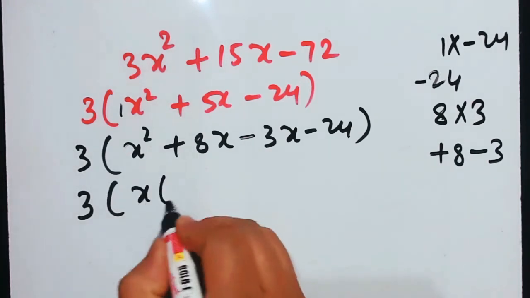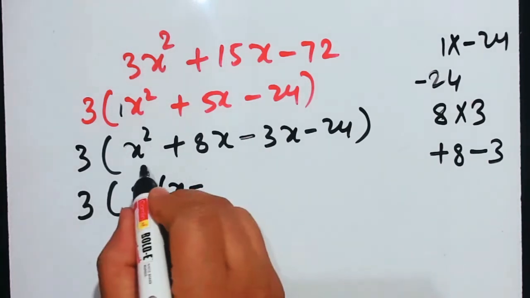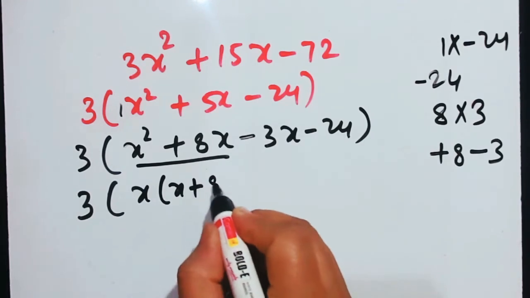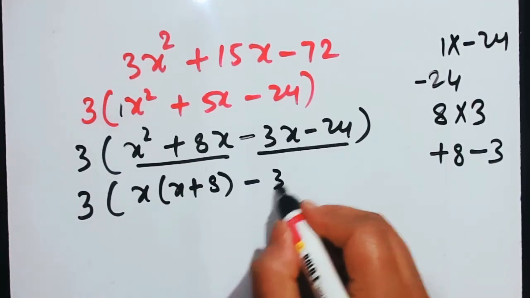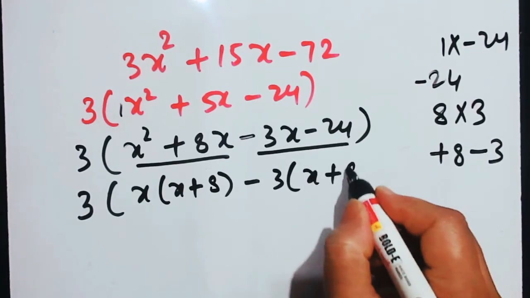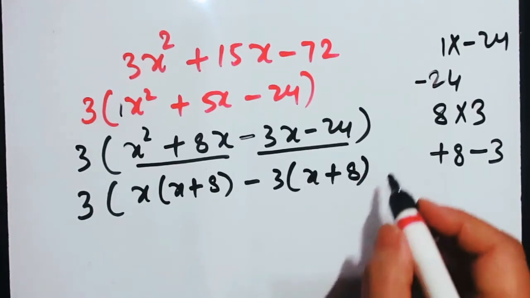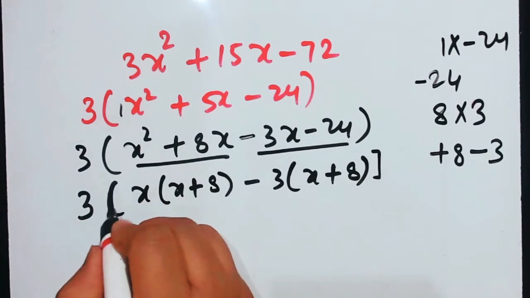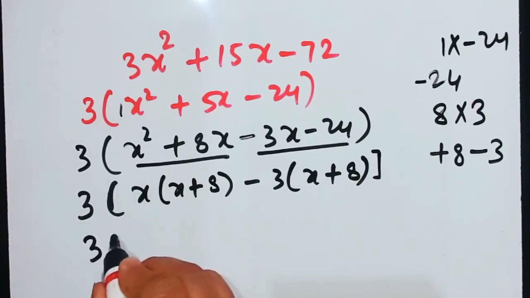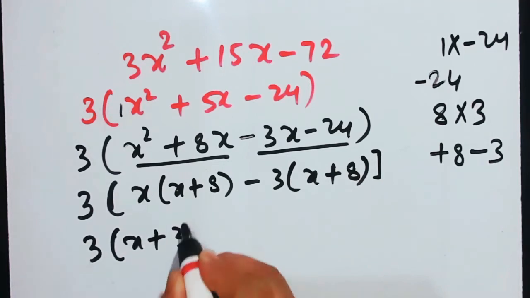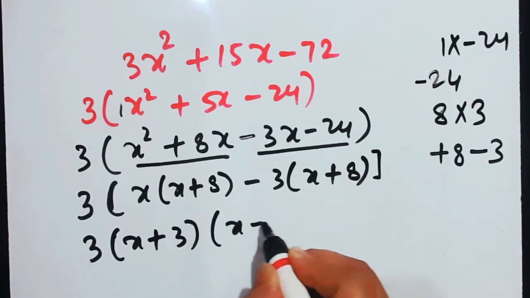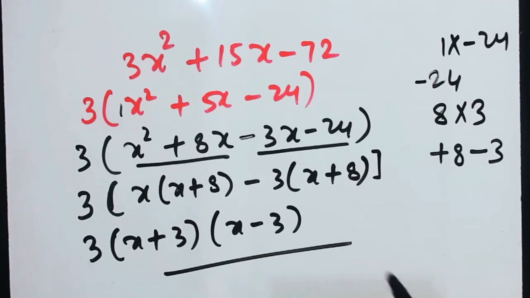Now x plus 8 from these two, similarly from these two minus 3 times x plus 8. So what we find is that on taking out x plus 8 as common, we'll get x minus 3 as the other factor.